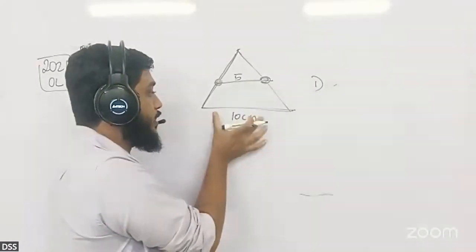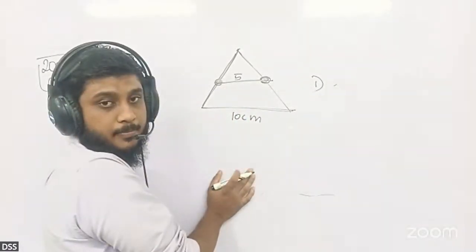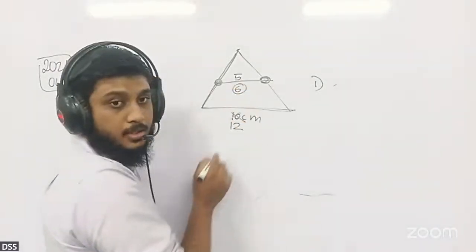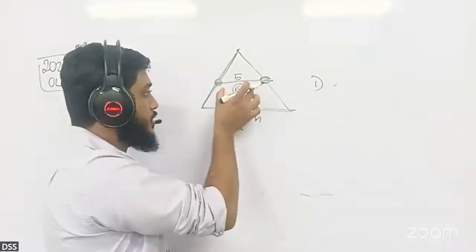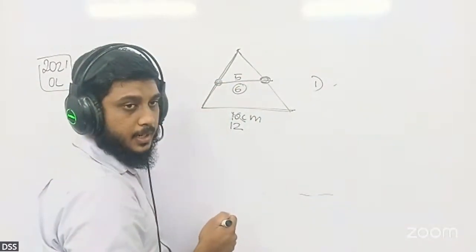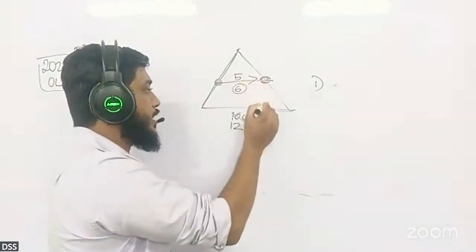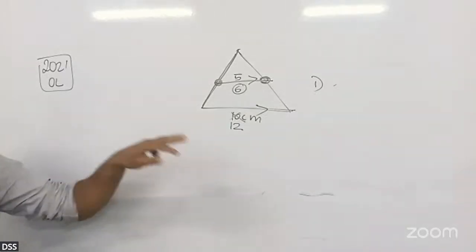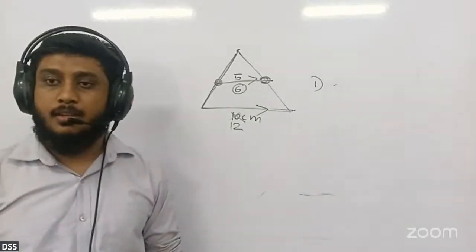They are telling this side will be double of this. Then if this one is 6, this one should be 12. First rule is this side should be double of this. Second rule is they are telling this side and this side both are parallel. Okay, so under geometry we are learning the third theorem today.